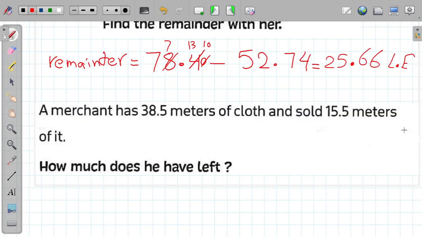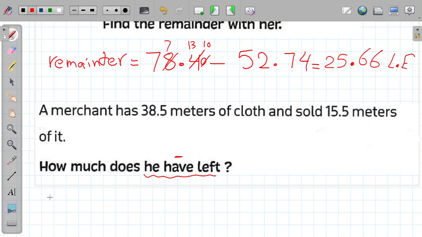Okay, next, a merchant has 38.5 meters of clothes and sold 15.5 meters of it. How much does he have left? Okay, what he has left means I will subtract the big number minus the small number.